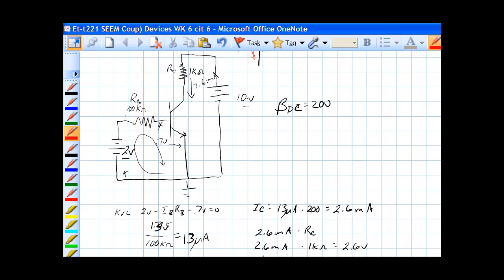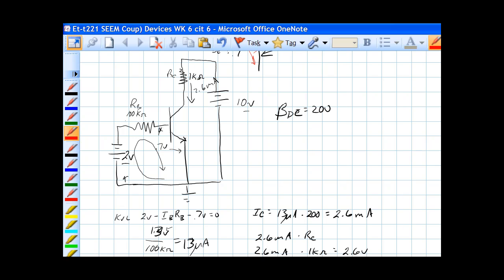Let's look at this in a circuit. This circuit is a common emitter circuit. We have 10 volts here, 2 volts here. We have an RC of 1 k ohm, an RB of 100 k ohm.